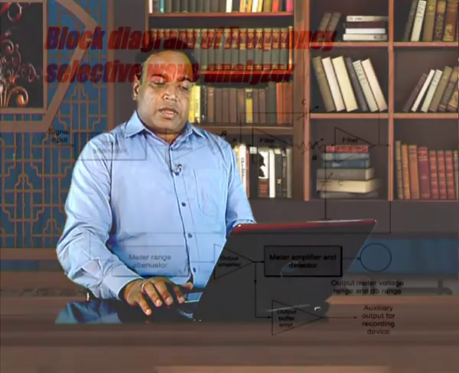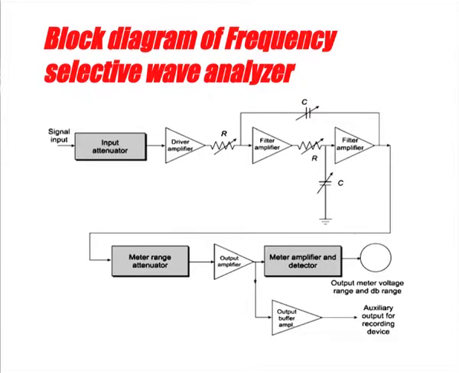The input attenuator suppresses the signal if the amplitude of the input signal goes beyond the range, or we can say the input attenuator is basically a range multiplier. Now, this attenuated signal is then amplified by the driver amplifier, which is basically used for maximum power transfer. It does not amplify the voltage, it is just for maximum power transfer.